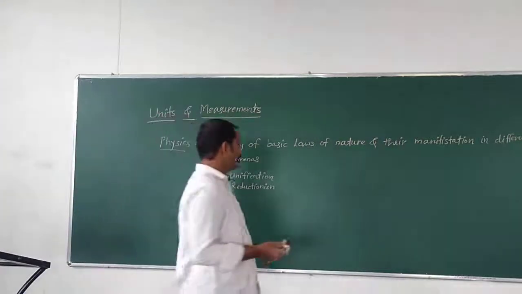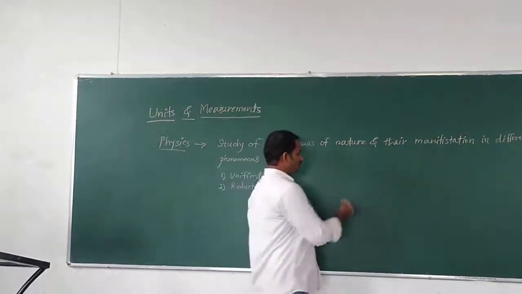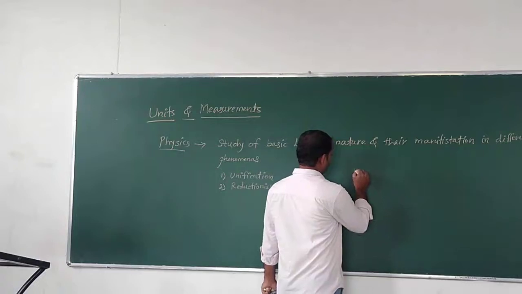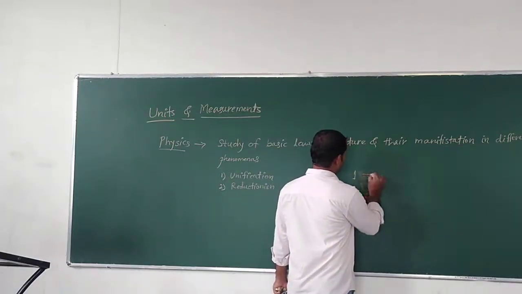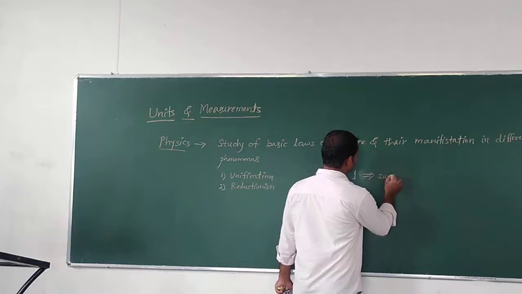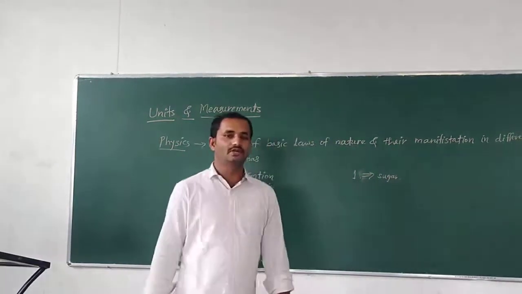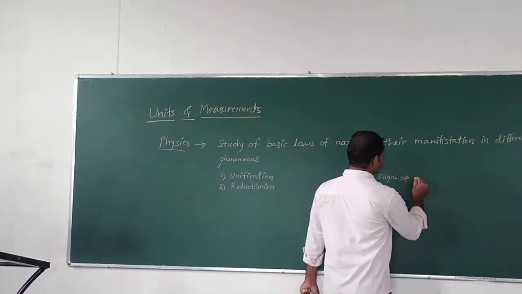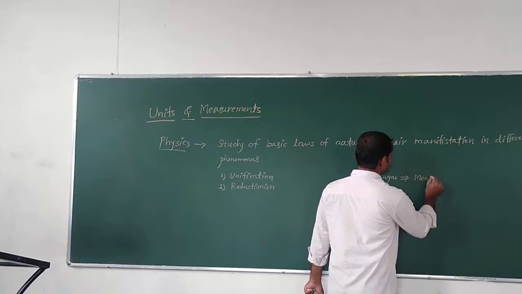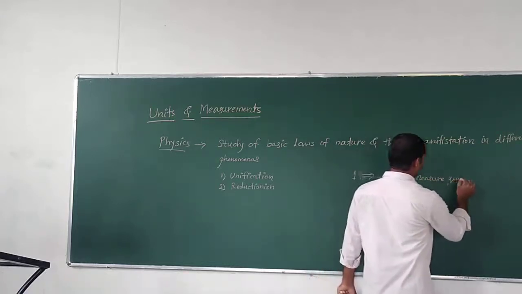Or if you want to buy something, suppose you have to buy 1 kg or some amount of sugar, so the unit is necessary. The unit is necessary to measure this quantity.